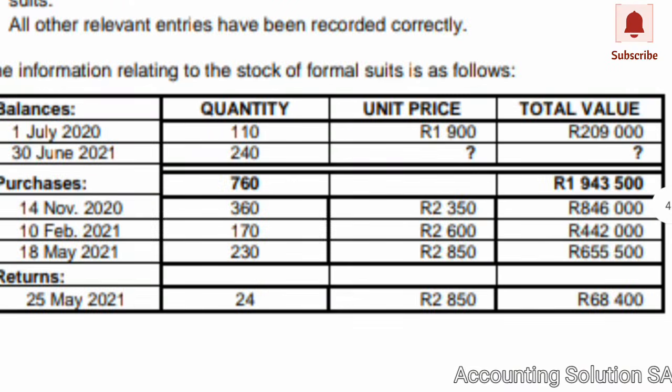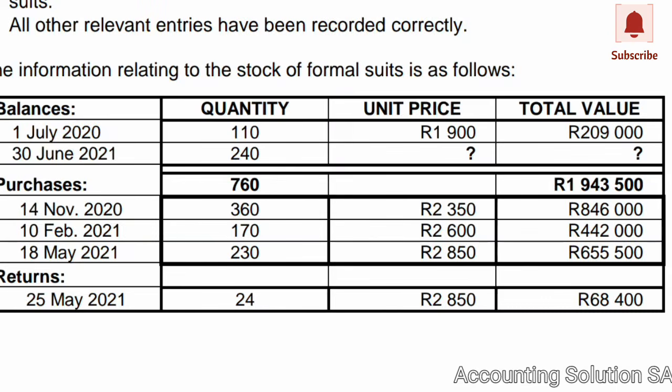Okay, now let's go back here. Remember the last one that we took, it was the 18 May batch. Okay, so now the next question is, which one did we take that 34 from? Obvious, guys. If we are left with the 18 May batch, the next one is going to be the 10 February 2021. Why?